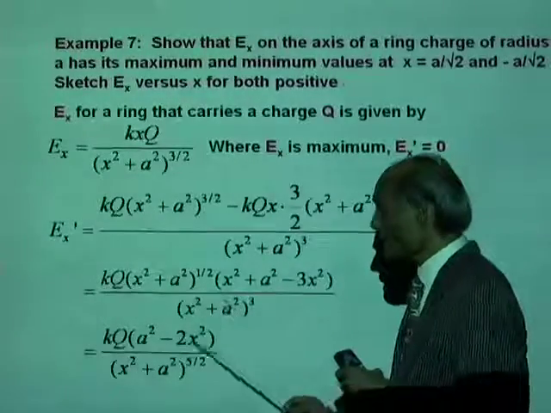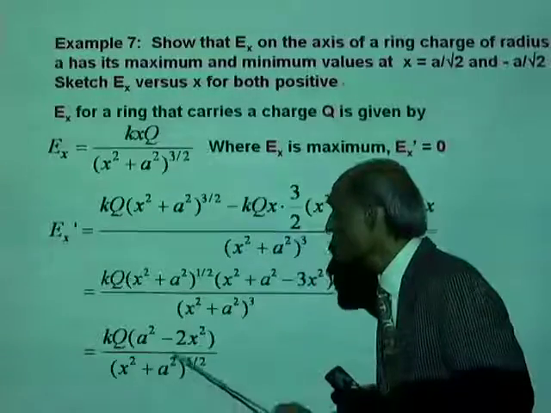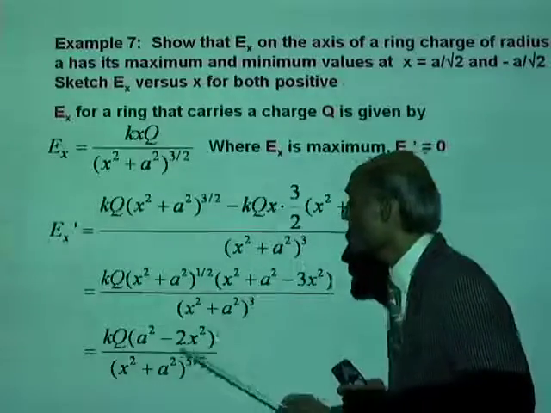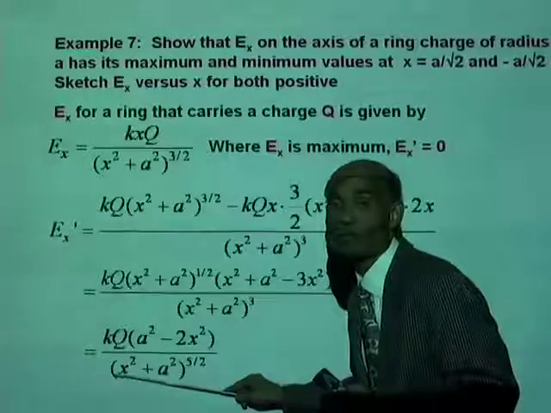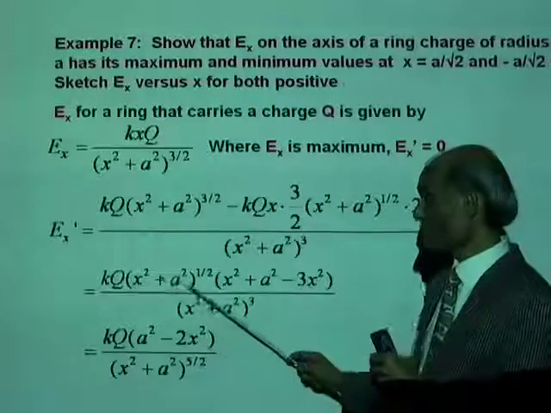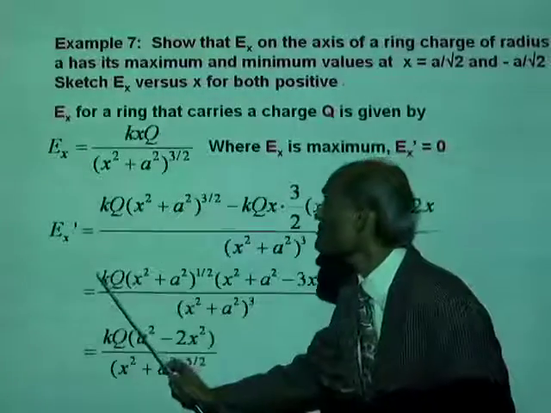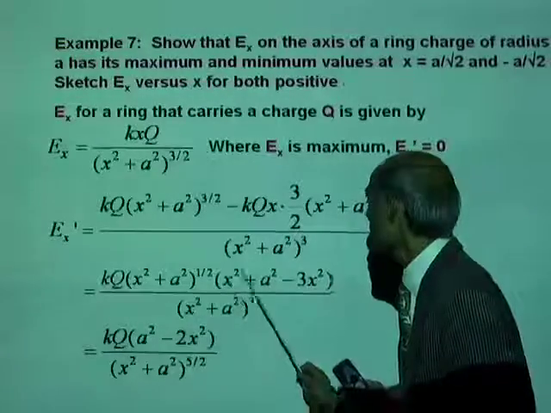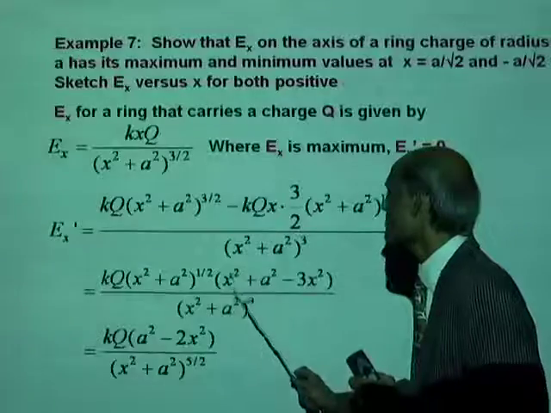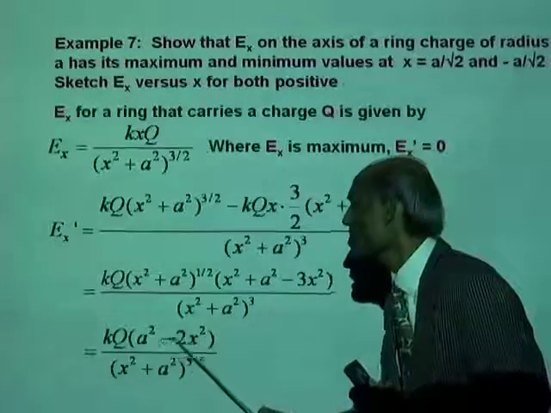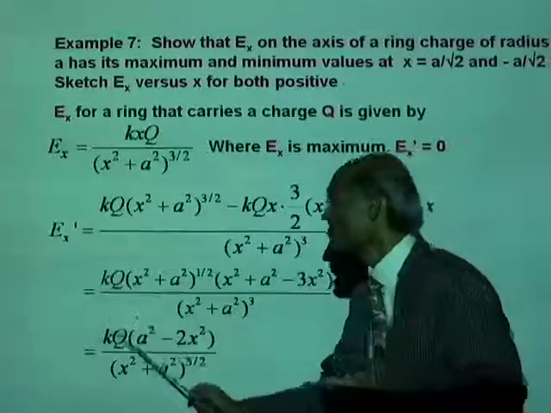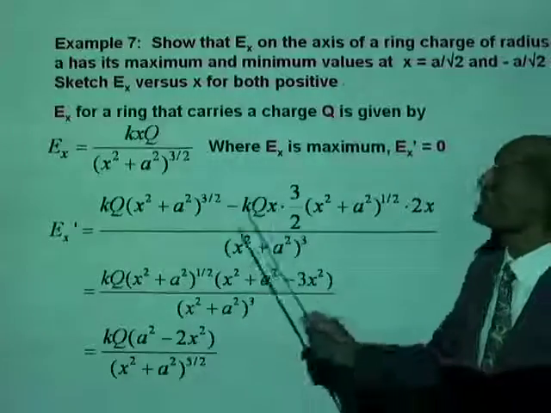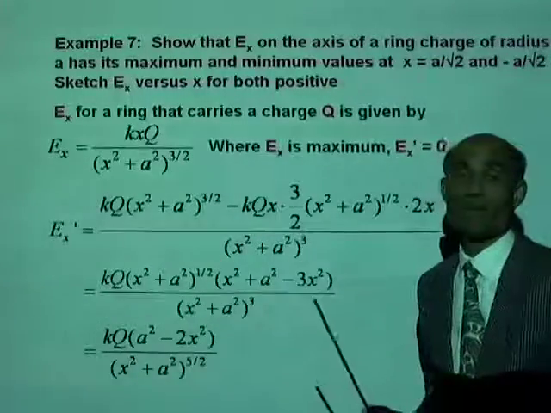Can you see that? That will leave (x squared plus a squared) to the power of 5/2 in the denominator. I hope you follow my simplification. That leaves on the numerator kq times (a squared minus 2x squared), since x squared minus 3x squared is minus 2x squared.